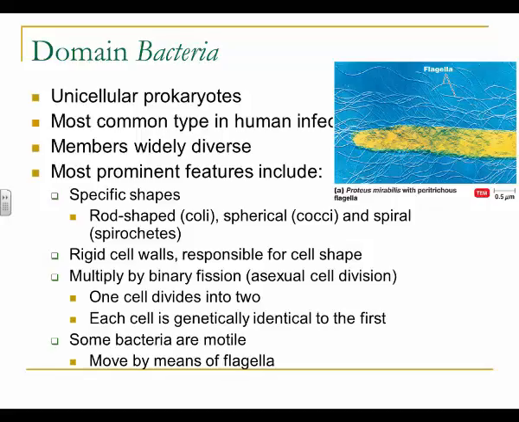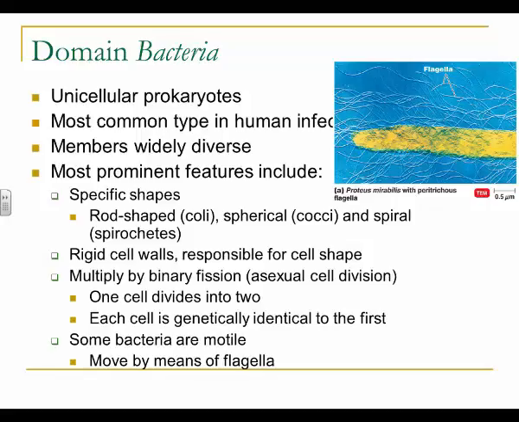So rather than the diversity that we see with us as sexually reproducing creatures, where our children are very distinct from us in appearance, these are clonal populations, genetically identical to their parent cell. But they do have ways of sharing genetic information. We'll get to that later in the semester.